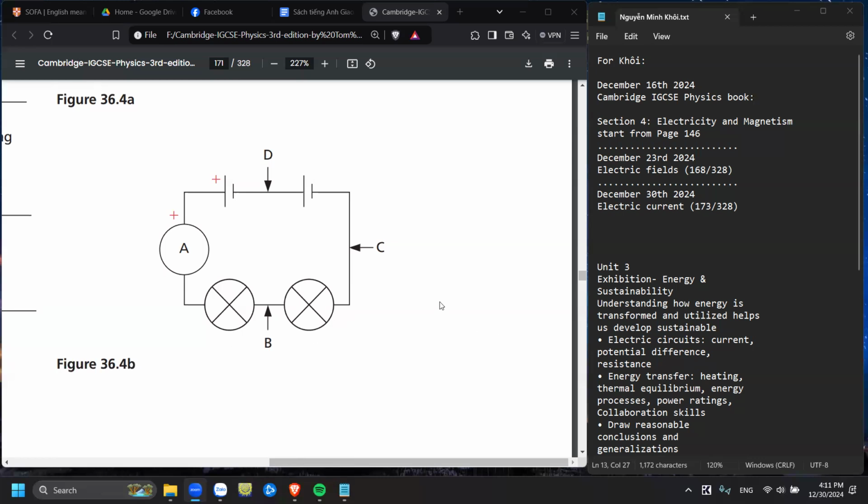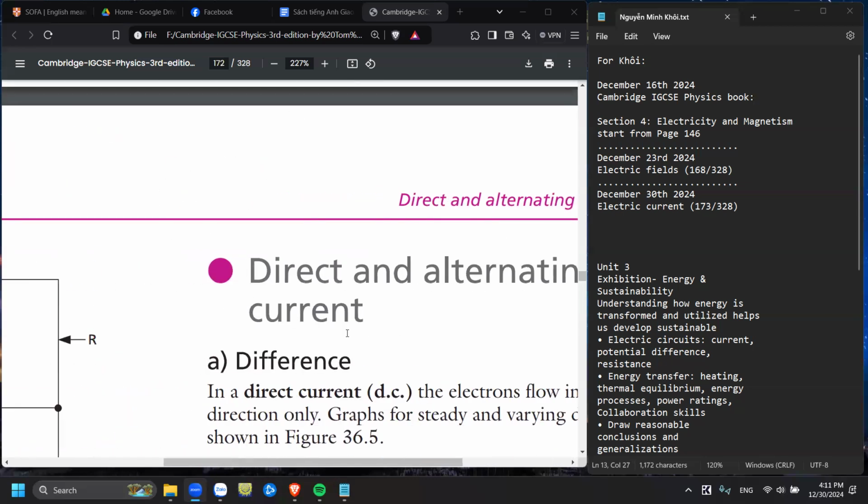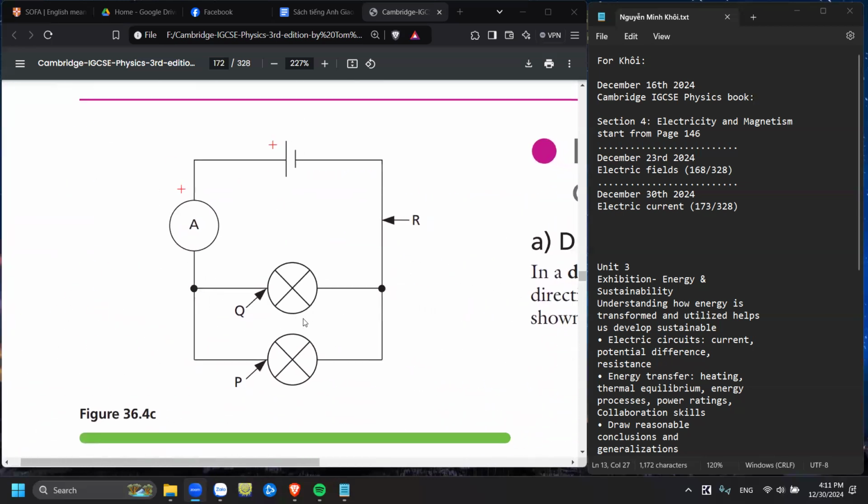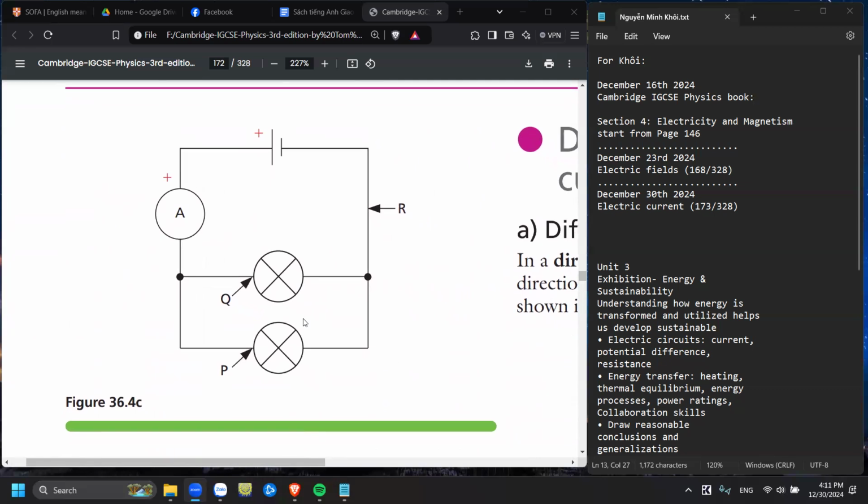Now, can you tell me what is special about series and parallel circuits about the flow of electricity? So let's look at the series circuit now. The flow of electricity through the first light bulb is the same as the flow of electricity going to the second one, right? It's the same flow. However, if you look at a parallel circuit, is it the same flow of electricity?